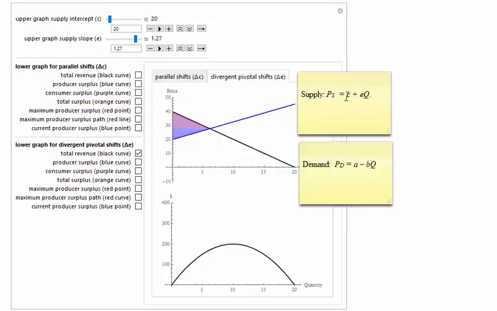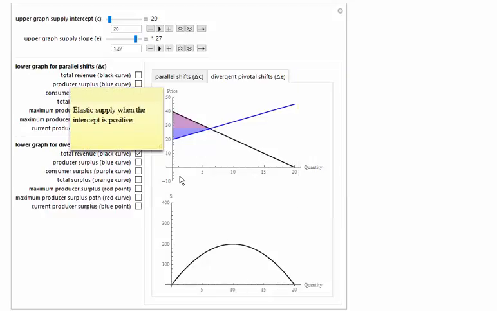Here's our supply curve. C is the intercept, and we can change our intercept of our supply curve up here. E is the slope of the supply curve. For the demand curve, A is the intercept. B is the slope. When the supply curve has an intercept that is positive, the supply curve is elastic.